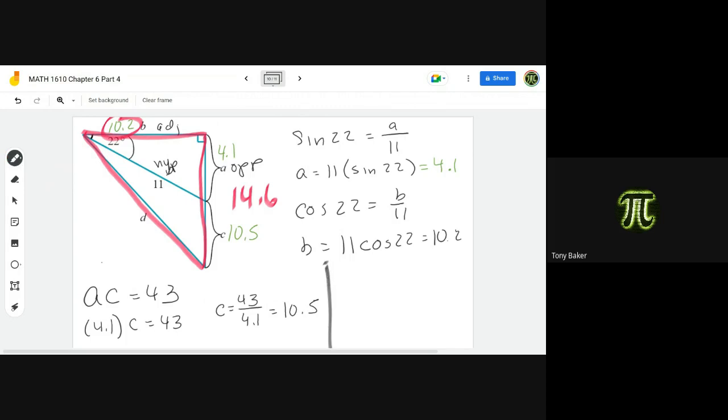So I have 10.2 squared plus 14.6 squared equals D squared. It's 17.8.